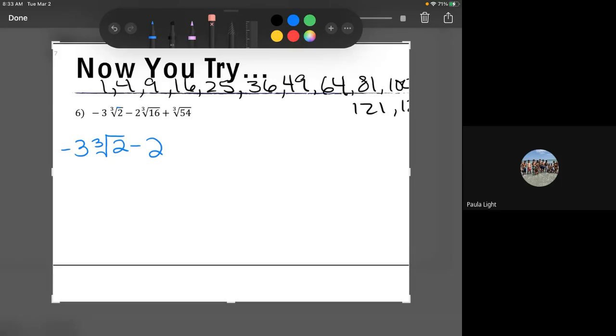Two times 2, 4 times 4 is 16. 2 times 2 times 2 is 8. So, oh, okay. Now we're looking for perfect cubes. We haven't listed our perfect cubes. You guys know your perfect cubes? 1 times 1 times 1. Let's list those because we're doing cubic roots.